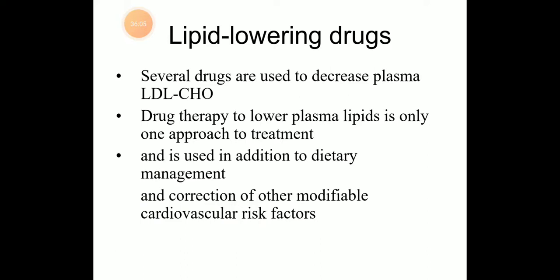The drug therapy to lower plasma lipids is only one approach to treatment and is used in addition to dietary management. The correction of other modifiable cardiovascular risk factors is mandatory to treat patients in a holistic fashion.